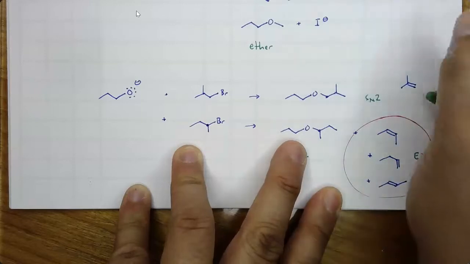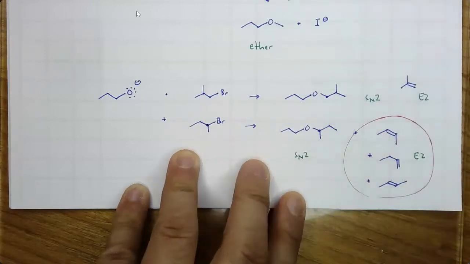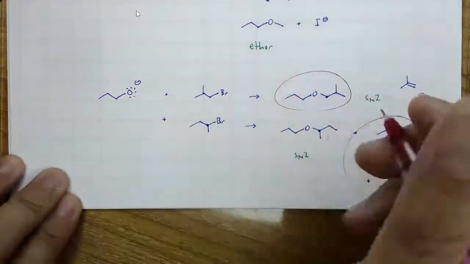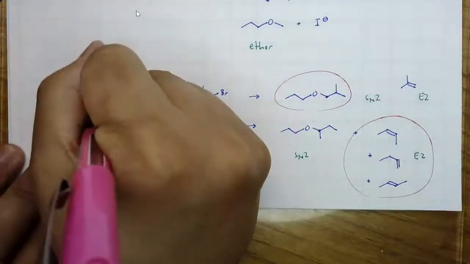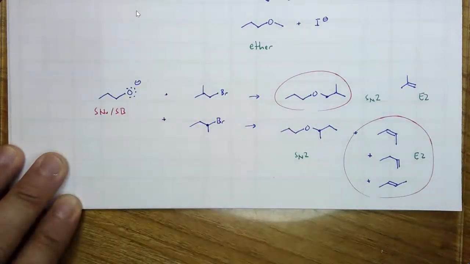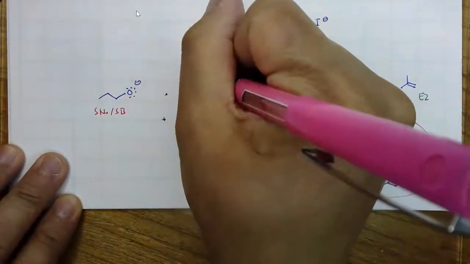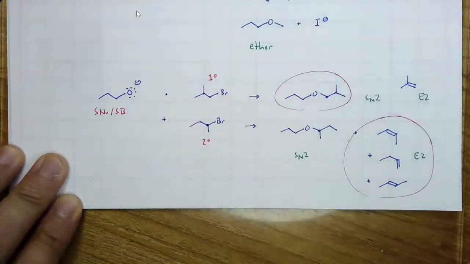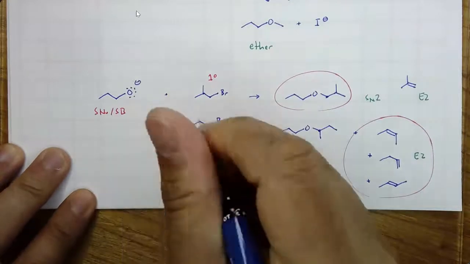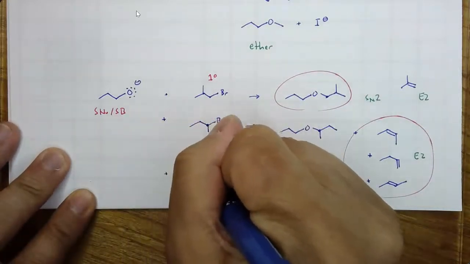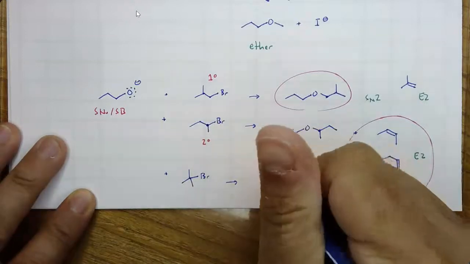That's E2. Do you remember this exercise where when you have a strong nucleophile, strong base, it depends whether your alkyl halide is primary, secondary. And just to finish out the trend, if it's tertiary, it's all E2.